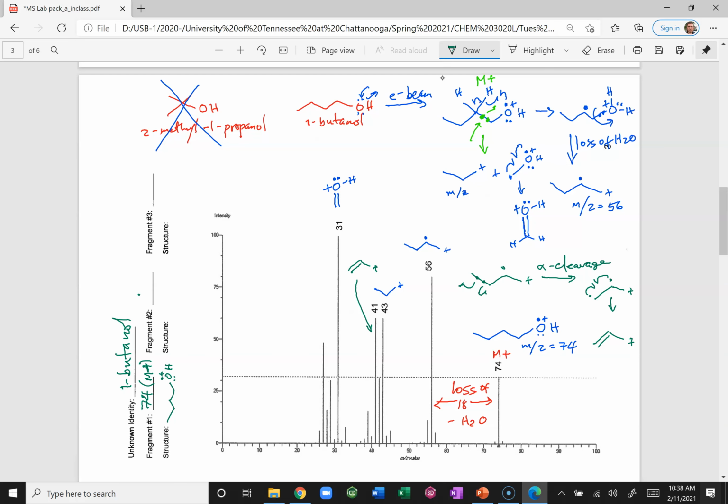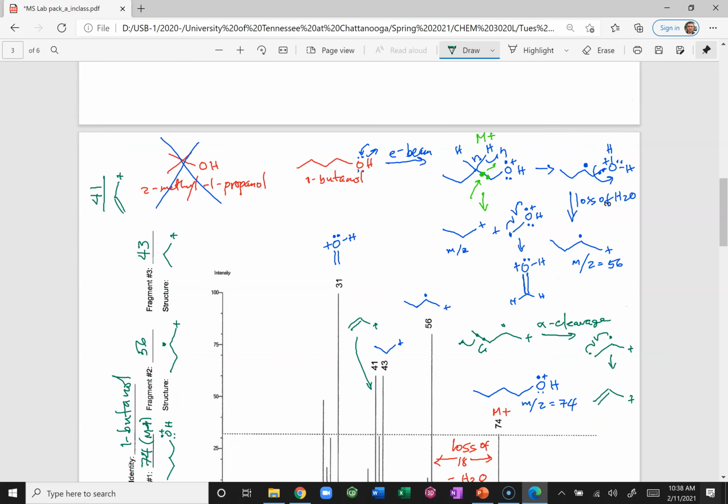And fragment 2 will be 56. Is this guy. Fragment 3, I'm going to pick 43, which is my propyl group. And I'm going to put 41. 41 is this guy. And you can put 31 too if you want. So I gave you 5 fragments for this molecule.